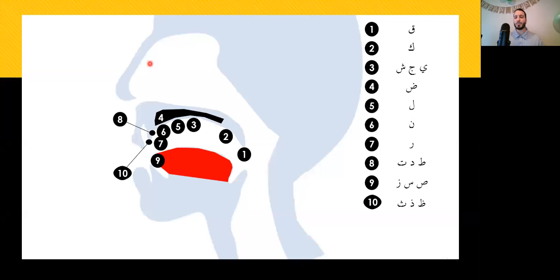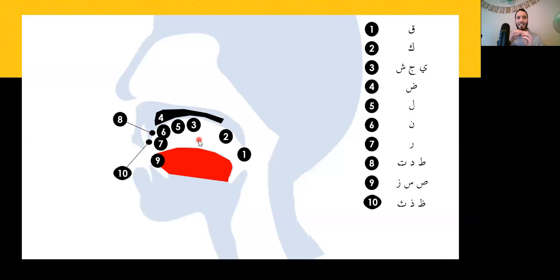Number 8, da, ta, and ta. So these, we said these 3 letters are coming out from the same spot. Da, ta, and ta. If you pay attention, they're really all coming out from that exact same spot almost, right?